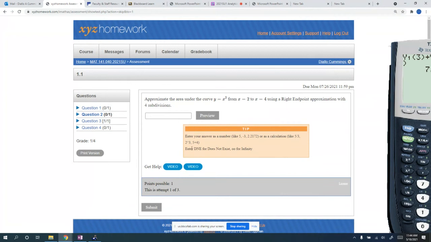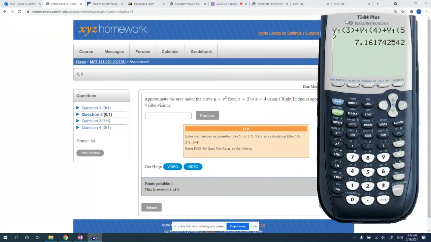Here we're asked to approximate the area under the curve y is equal to x squared. So I'm on a graph. And from college algebra, whenever you graph equations with the highest power as a square, then you are dealing with a quadratic equation.